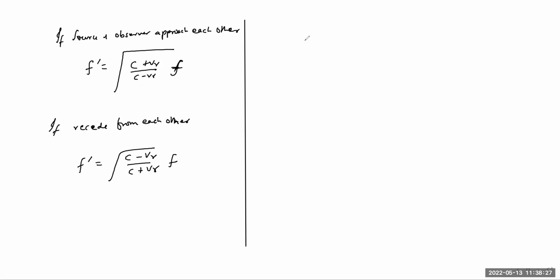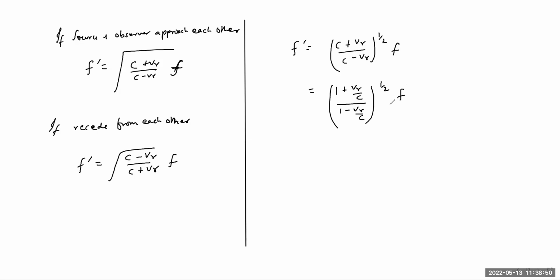So the f dash is having this formula. If I choose any one formula, let's just choose any formula. The velocity of light is very high, and therefore I can take c common. So it will become 1 plus Vr by c, 1 minus Vr by c, and this you can further write using the binomial approximation.